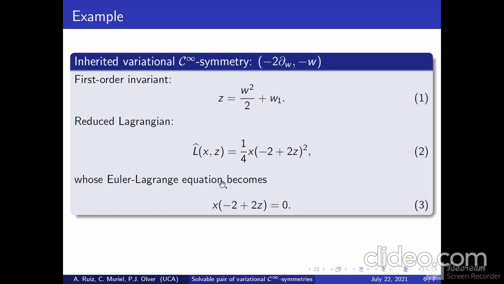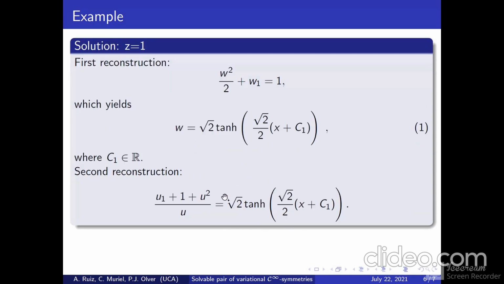So now we are going to show how to reconstruct the solution for the corresponding reduced Lagrangian. From this algebraic equation, we have the solution z equal 1. It's just an algebraic equation. In order to perform the first reconstruction, we consider the expression of the invariant z.